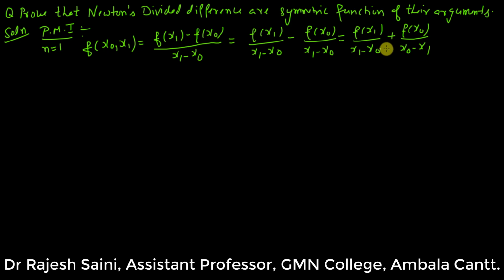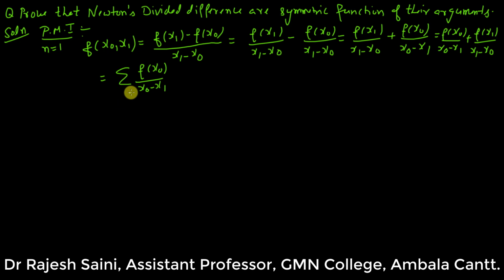Now we have written it like that, so this can be written as f of x0 divided by x0 minus x1 plus f of x1 divided by x1 minus x0. So it can be written as a summation of f of x0 divided by x0 minus x1.